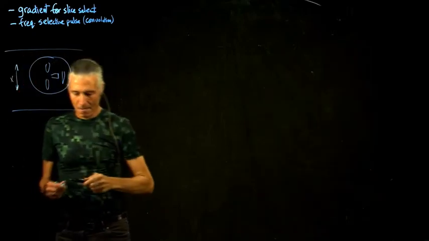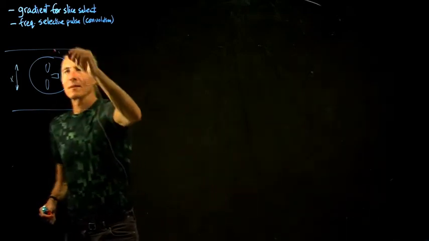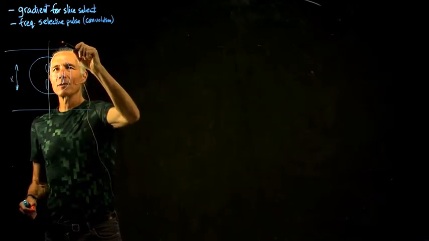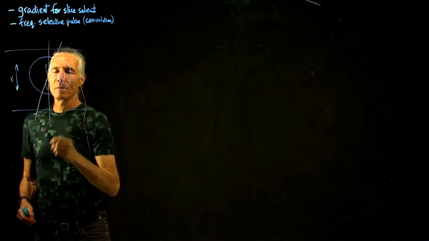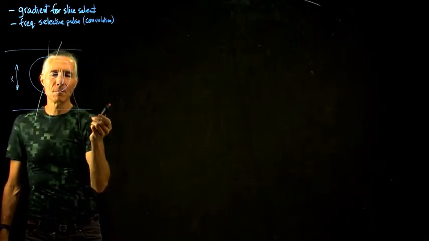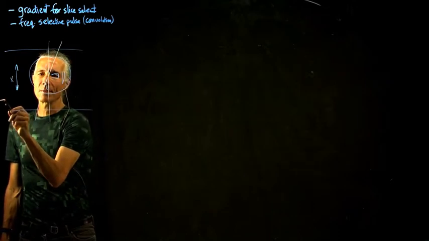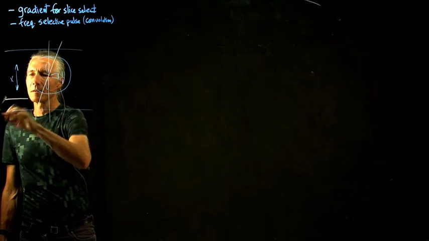So when you turn a gradient on, what does it actually do? Well, if you turn the x gradient on a certain amount, it adds a little ramp to the B field. So if the B field is going this way, here's the B field.